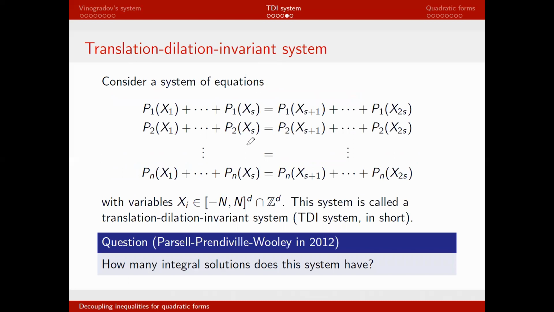So we can make a system of equations associated with the bigger collection. And we call this system a translation-dilation-invariant system. The reason is, if we construct our system in this way, then it satisfies the translation-invariant property. And also, our polynomials are homogeneous, so it is invariant under dilation in some sense.